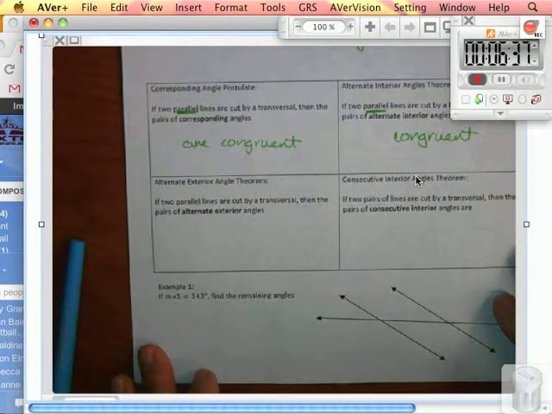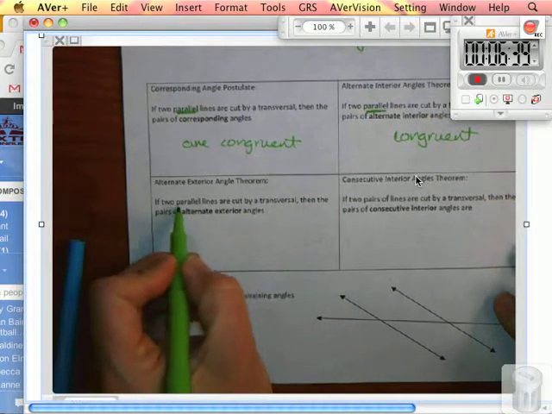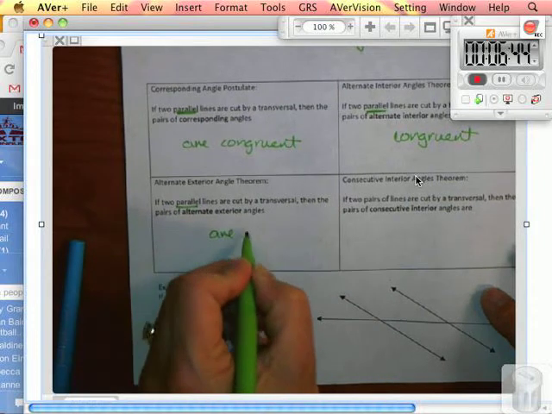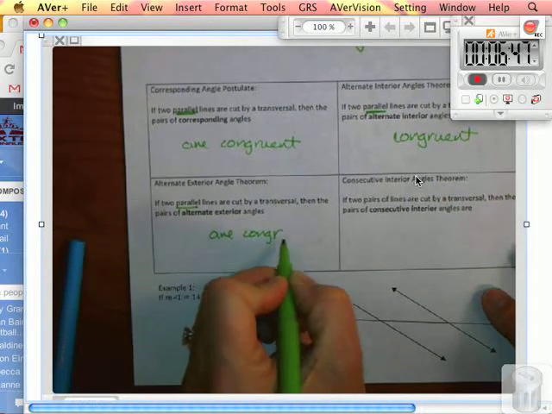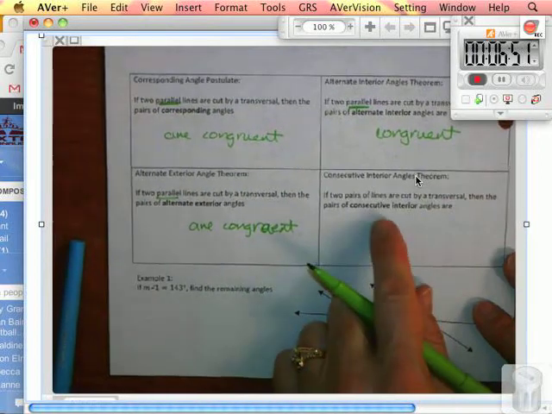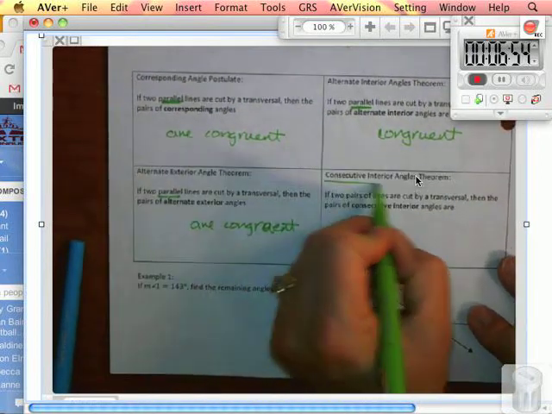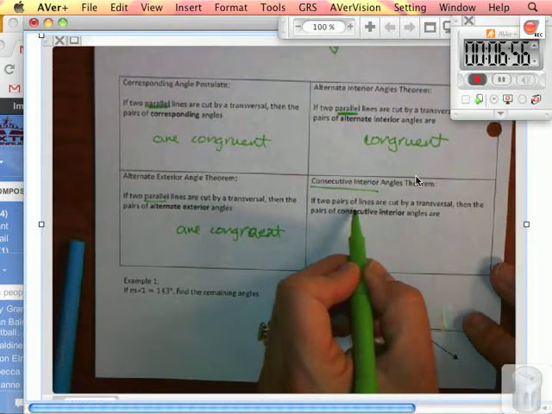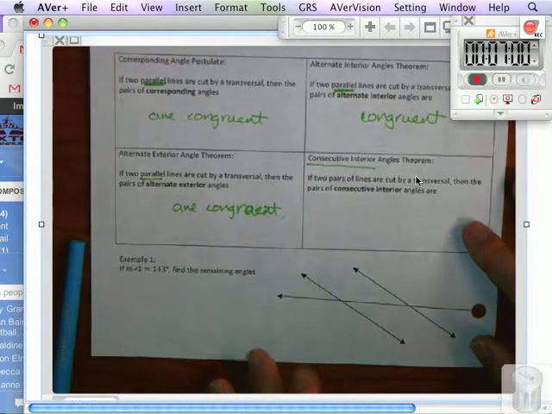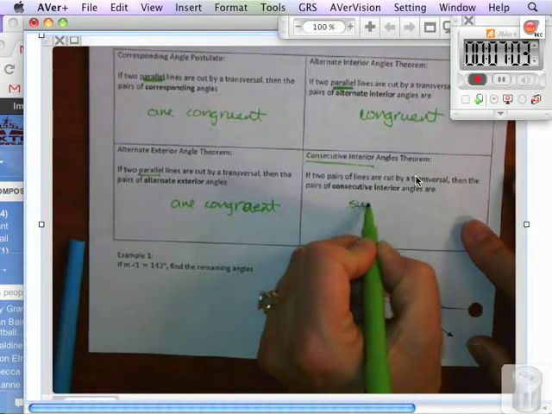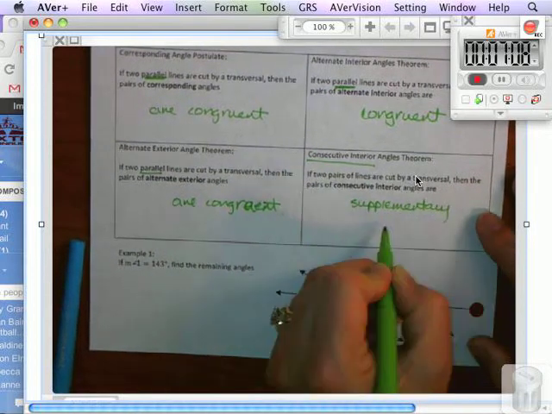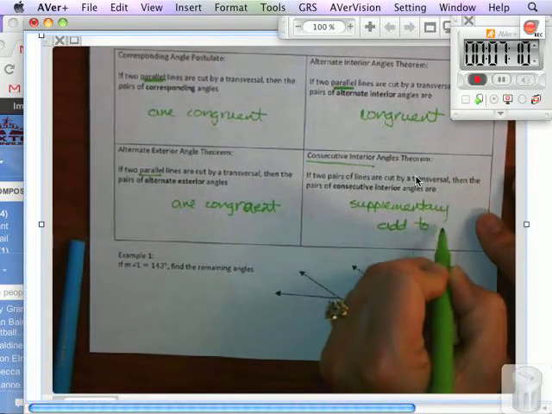If two parallel lines are cut by a transversal, then the pairs of alternate exterior angles are also congruent. And we've seen that now plenty of times. This is the only one that's different. Consecutive interior angles. If two pairs of lines are cut by a transversal, then the pairs of consecutive interior angles are supplementary, and then they add to 180 degrees.